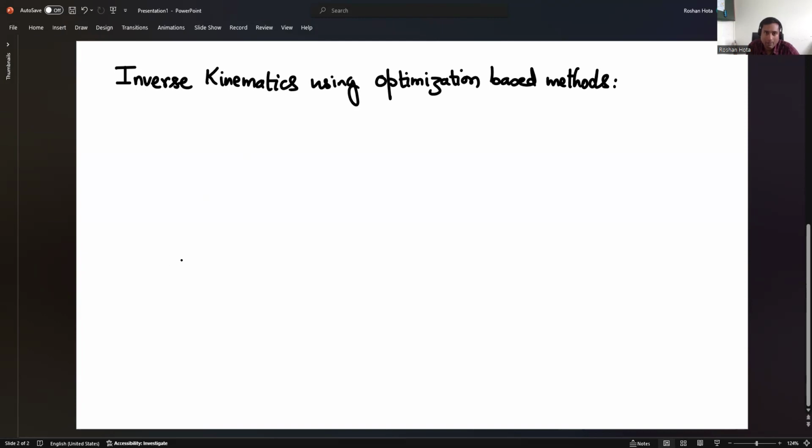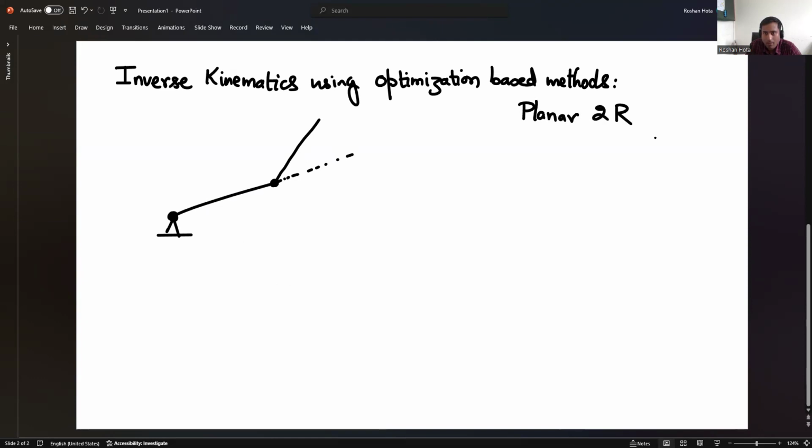Let us take an example of a simple robot, a planar 2-R robot, which looks like this. This is a planar 2-R robot.